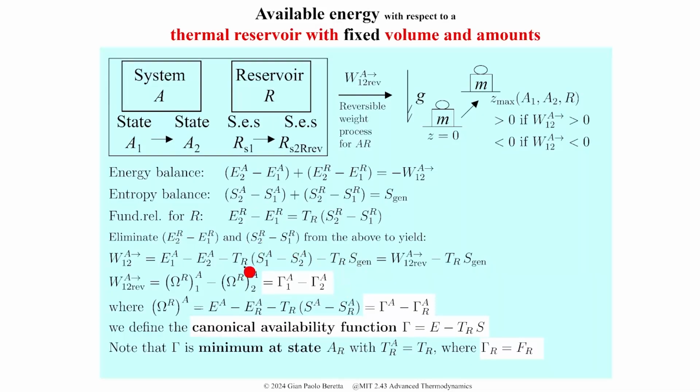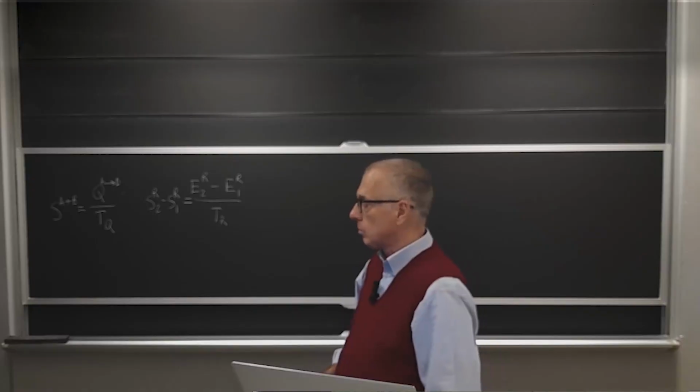So the work, by solving this system of equations, we already said that we find an expression for the work, which has a term related to irreversibility, entropy produced by irreversibility, which is not there if the process is reversible, and that's typically the best you can do.